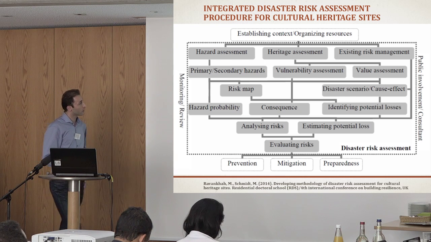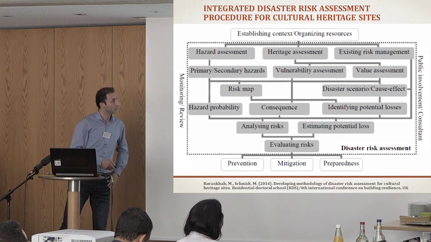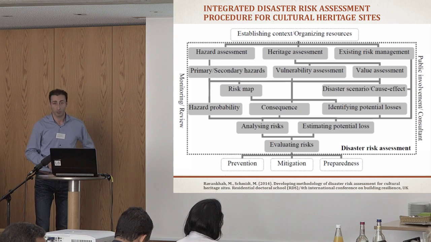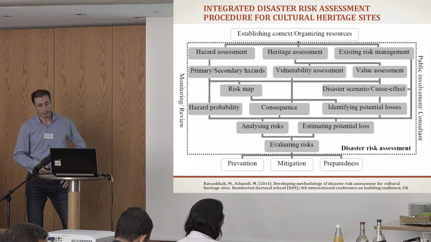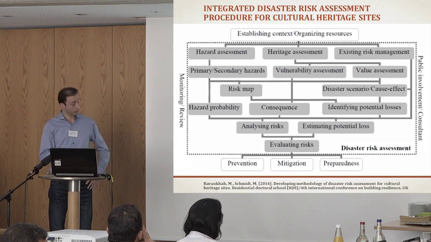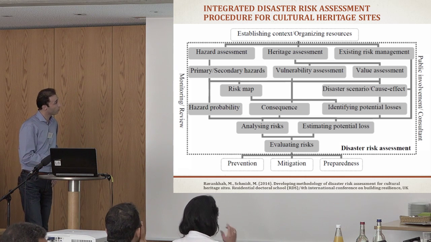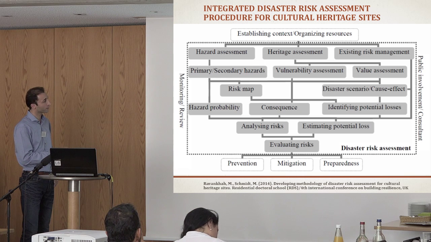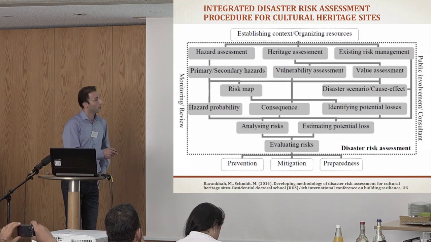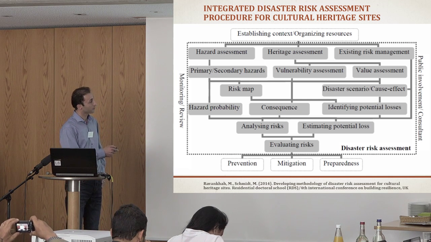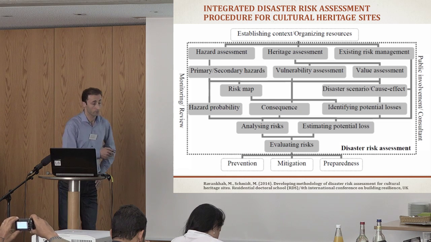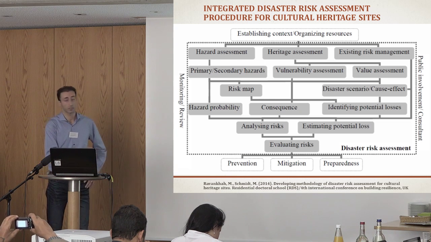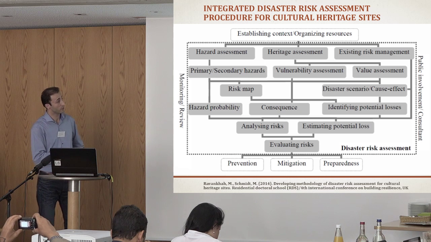So this is the overall assessment methodology in the theoretical part of my thesis. And you can see how I'm looking at the hazard assessment, looking at the primary, secondary hazard, risk map, hazard probability. Then I have the heritage assessment, looking at the vulnerability assessment for heritage, looking at the physical, institutional, sociocultural, and different types of vulnerability.